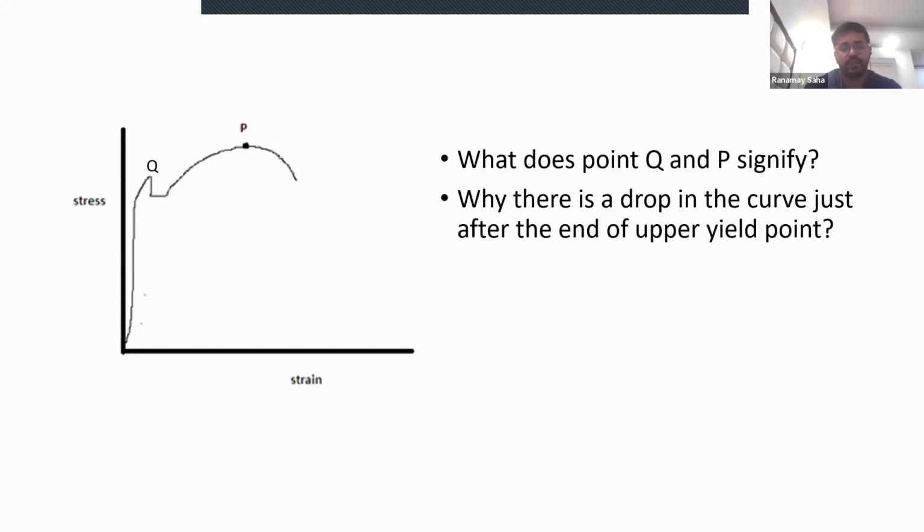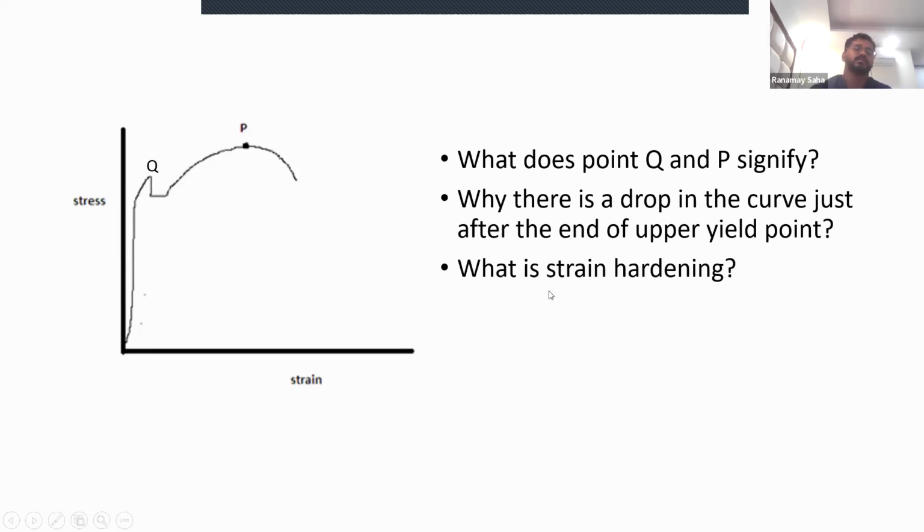As a result, the defects start flowing easily, and the stress or strength of the material suddenly drops. After that, slowly the strain hardening factor comes into operation. So probably that is your next question.